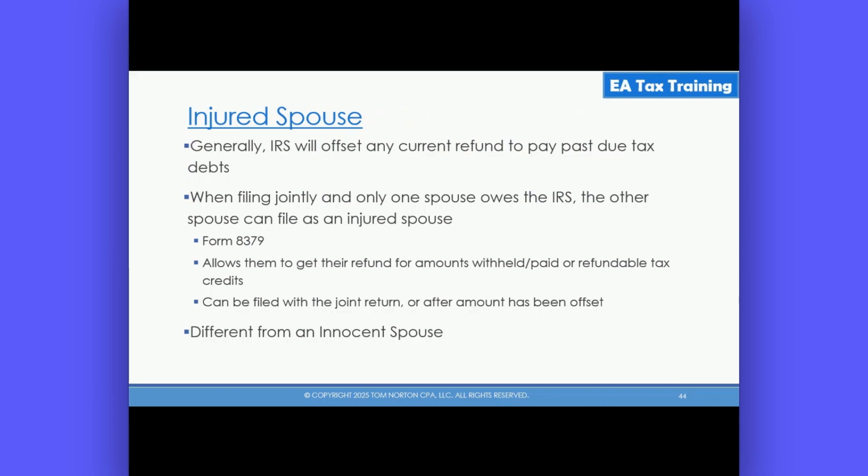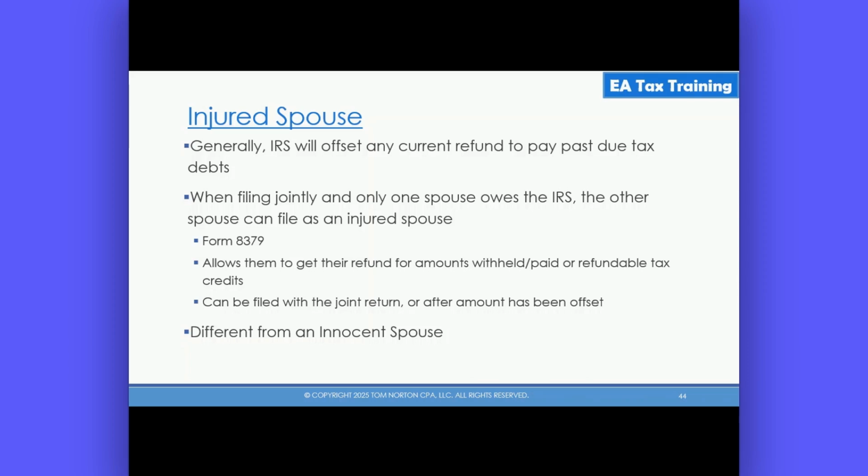So, what the injured spouse can do is they can fill out this Form 8379, and that lets them tell the IRS, don't offset this amount because the taxes due are from my new spouse. They're not for me. So, you need to send me the amount of my refund, and then the IRS will do that. You can also file this form after the fact.